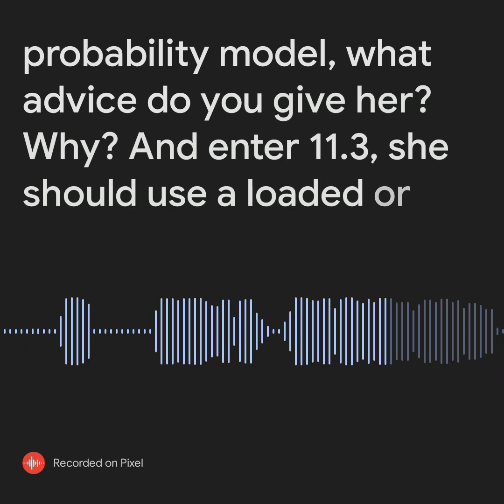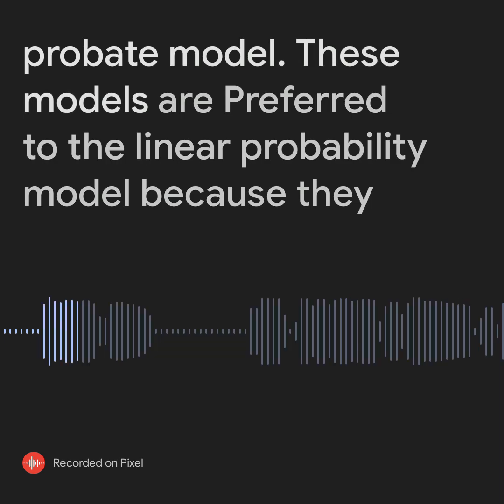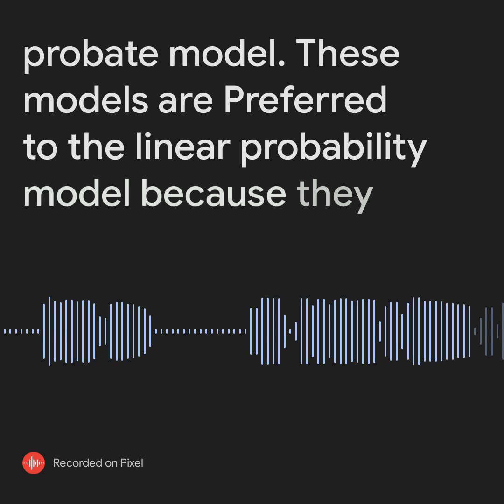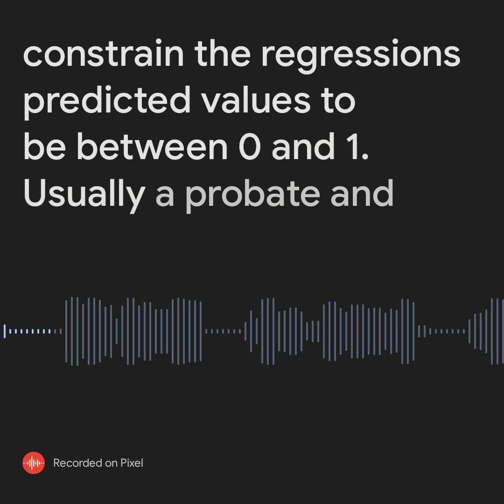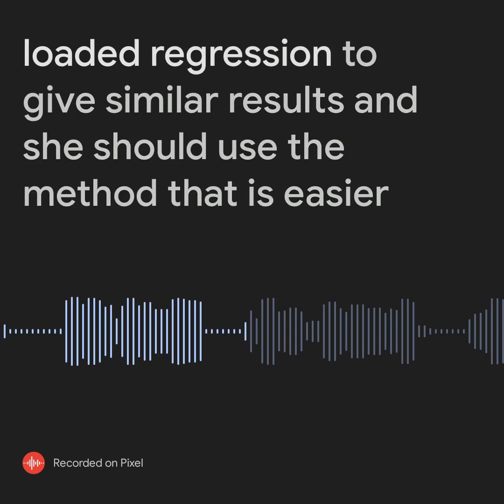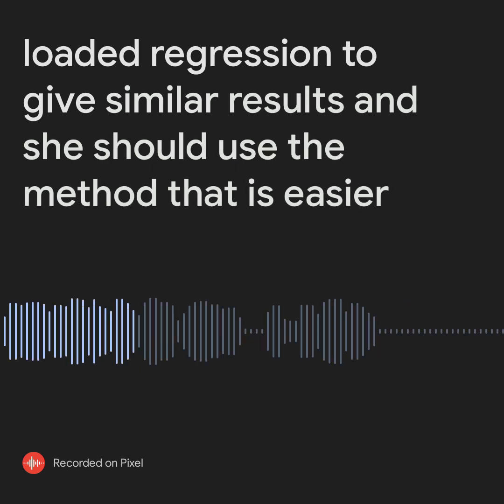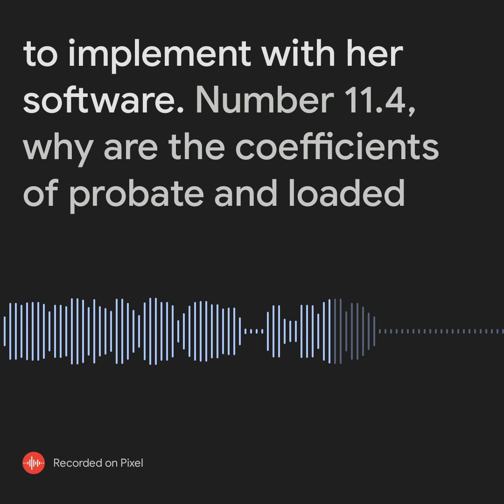She should use a logit or probit model. These models are preferred to the linear probability model because they constrain the regression's predicted values to be between 0 and 1. Usually probit and logit regressions give similar results, and she should use the method that is easier to implement with her software.